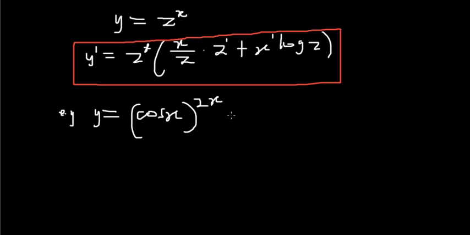Now let's see how we do this. From this formula, you could notice that we have our z and x. Here, z is cos x, and your x is 2x. I could use a different notation for this. It could be anything.